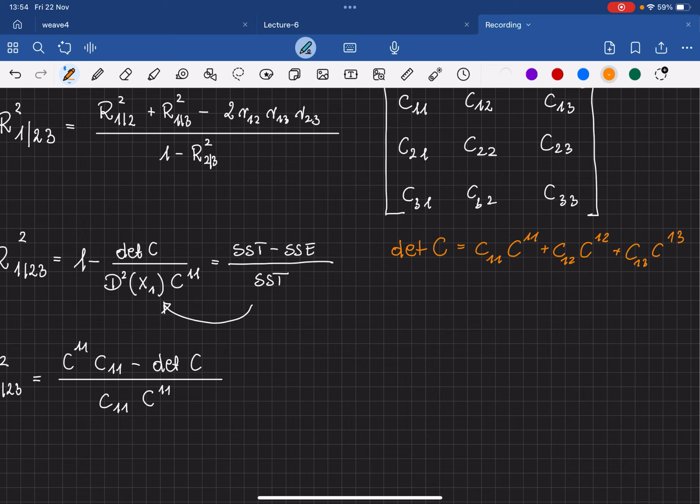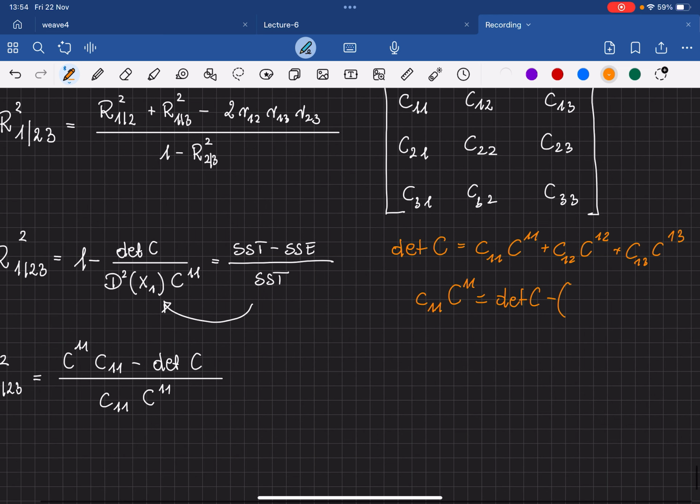Therefore, for example, the thing that we have here can be written as, say, C11, C11 equals the determinant of C minus the whole sum which is written here. And we put the formula in our calculations.